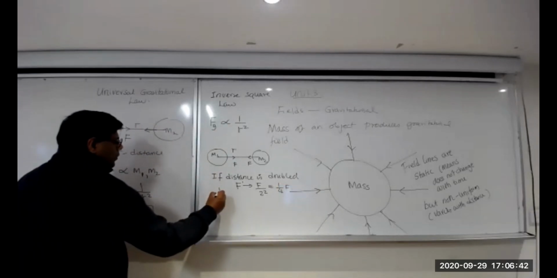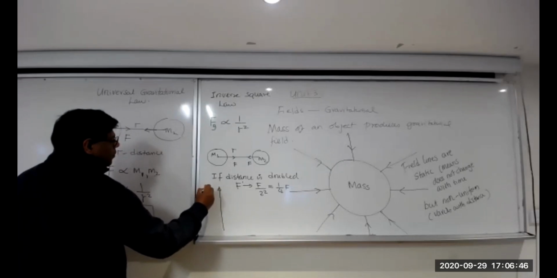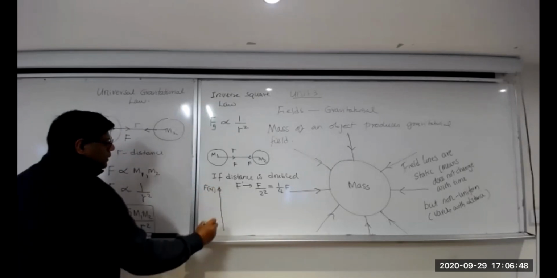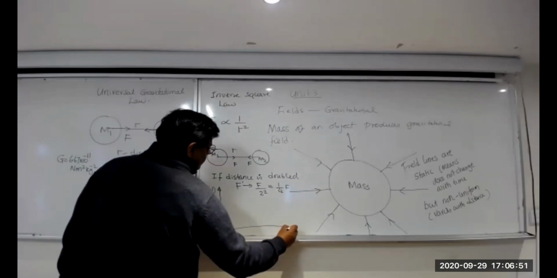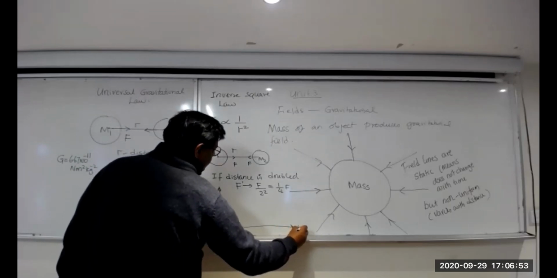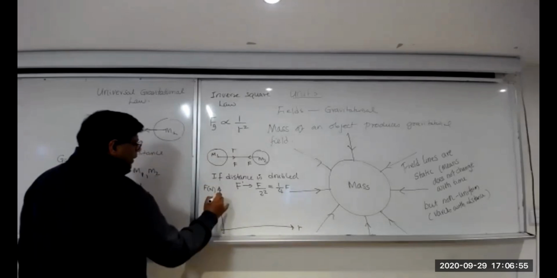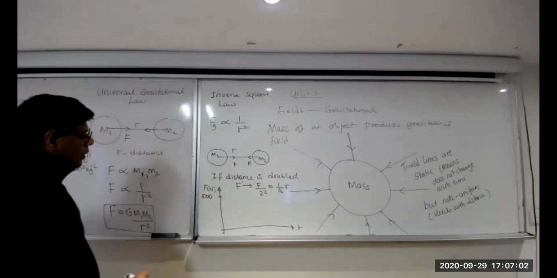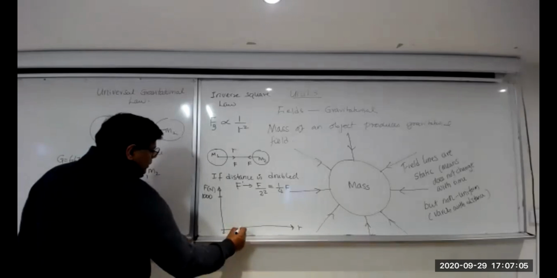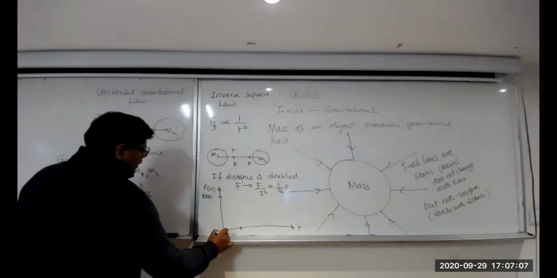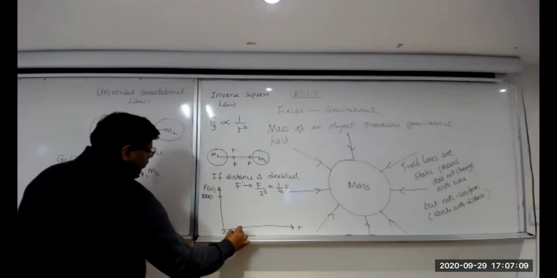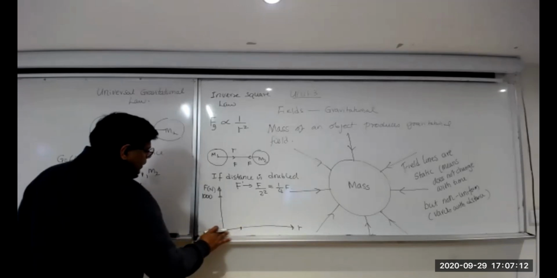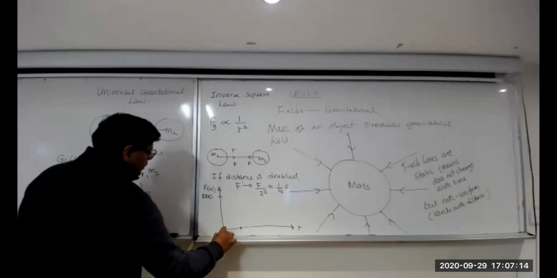If you look at the way the gravitational force varies with distance, we can put some numbers in. Say the force is 1000 at distance r, the surface.